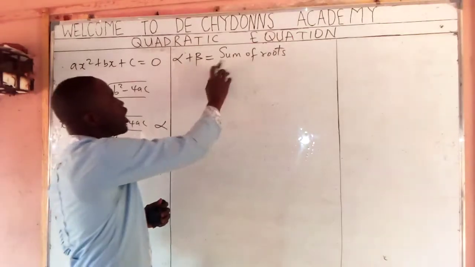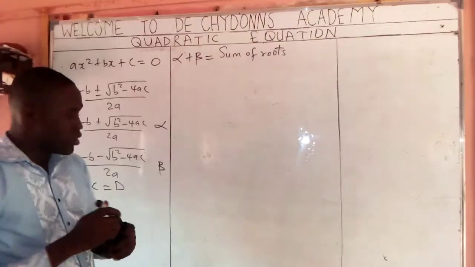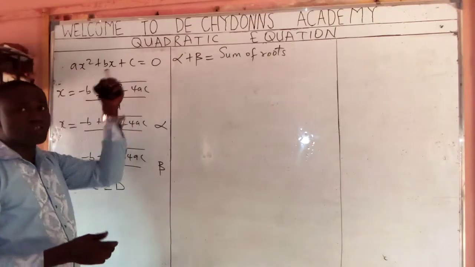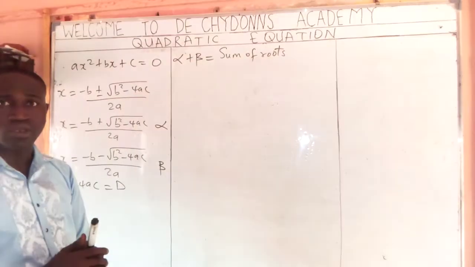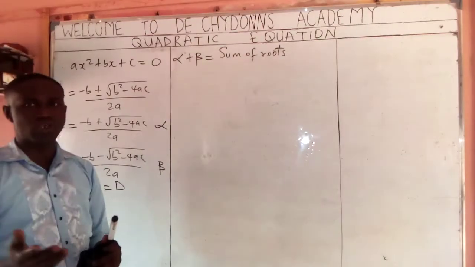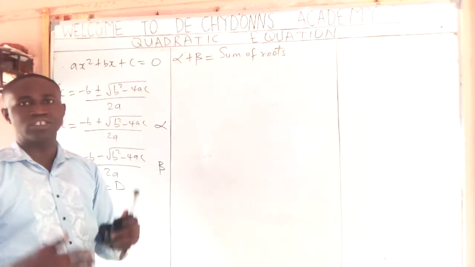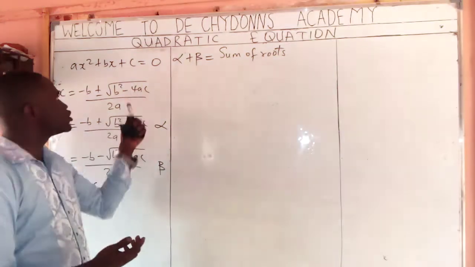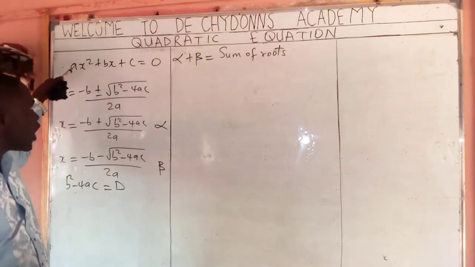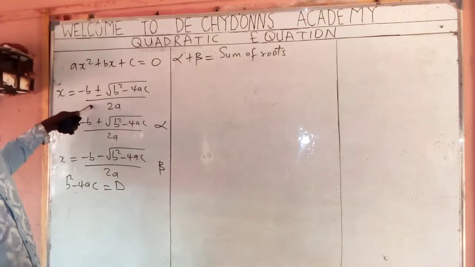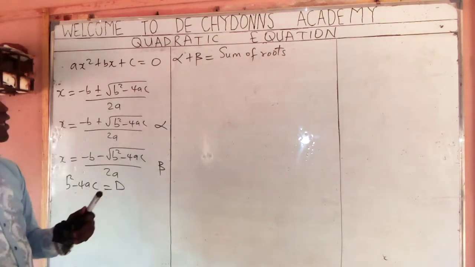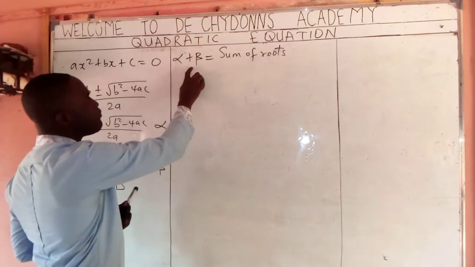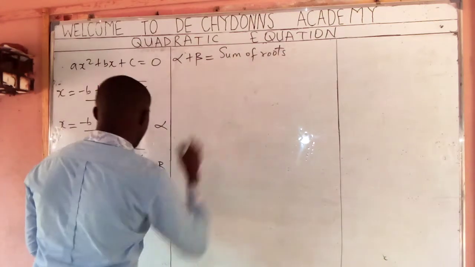Remember that outside using the completing the square method to solve any quadratic equation, you can use any method such as the graphical method, the scissors method, and so on. But we use the completing the square method to solve this because we want to derive this formula. So when you add these two roots, you have alpha plus beta, that is the sum of roots.